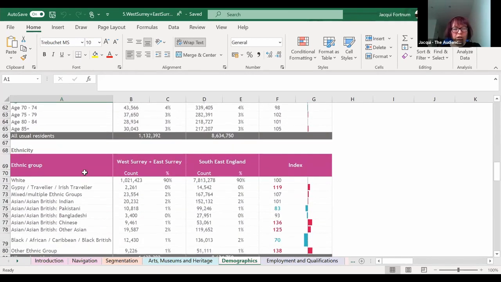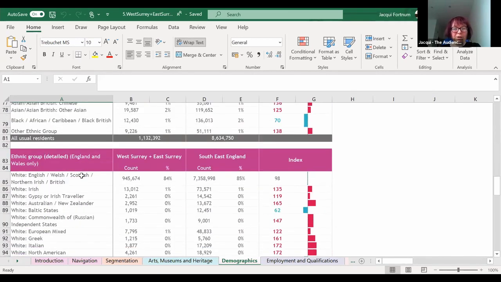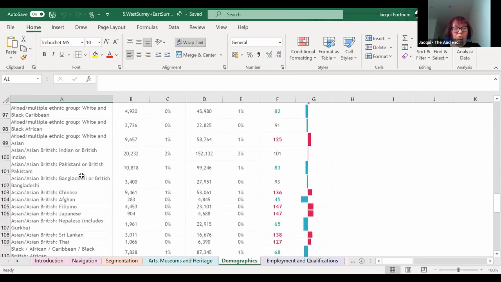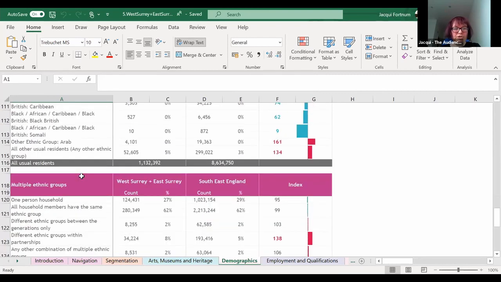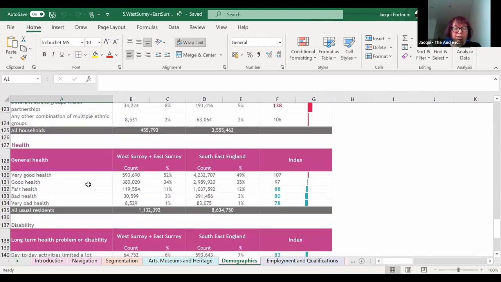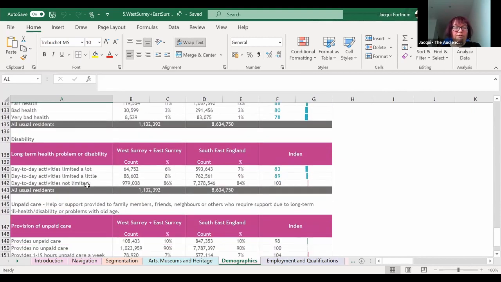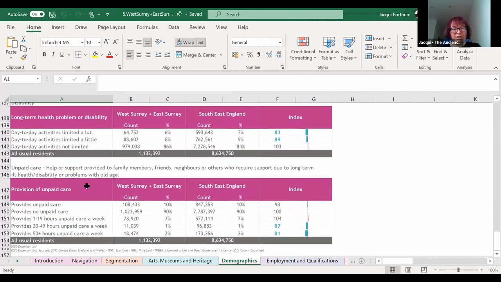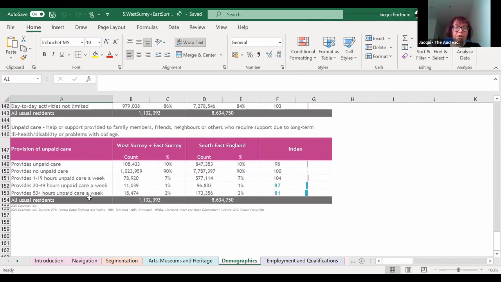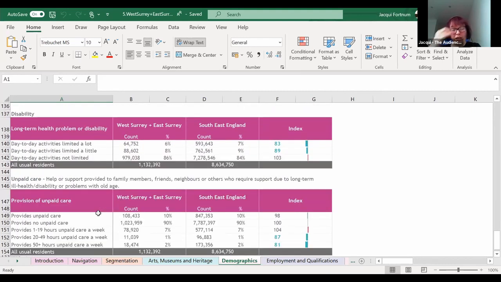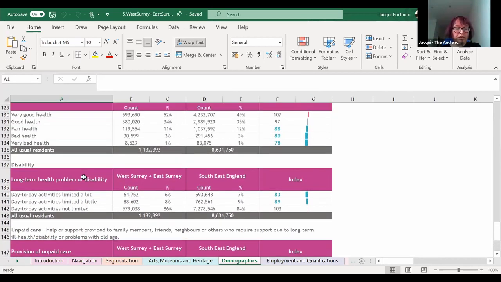So this has a lot of very granular information. So I will skim through it fairly quickly, but this is something you can refer to if you are doing targeted activity at people based on any of these particular metrics. So that's all of that.